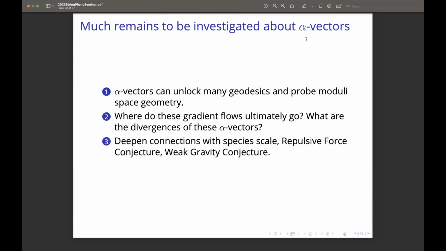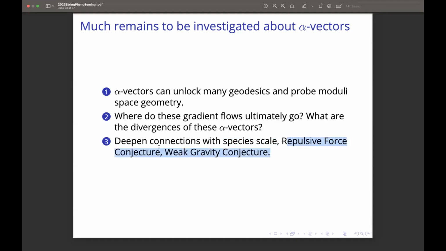Finally, another thing to investigate about these alpha vectors is that they are connected to moduli space geometry, but they also play prominent roles in the species scale. You saw that the reciprocal duals of the scalar weak gravity conjecture polytope tell you about the decay of the species scale.